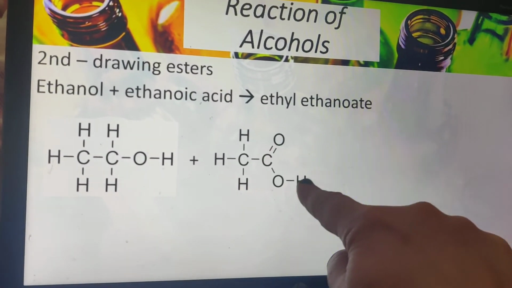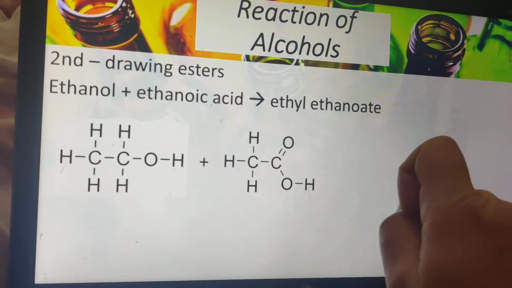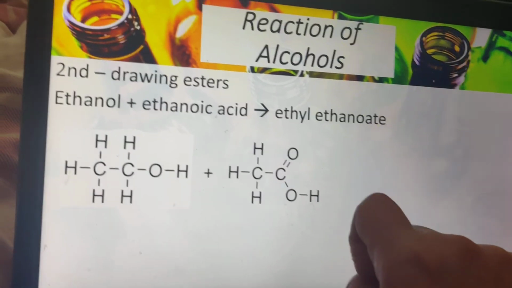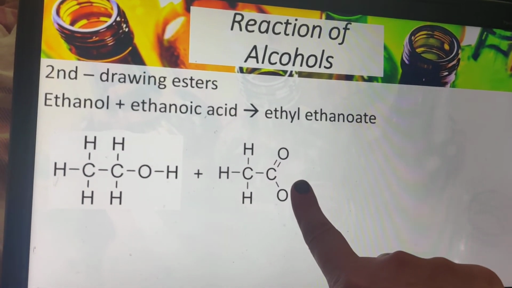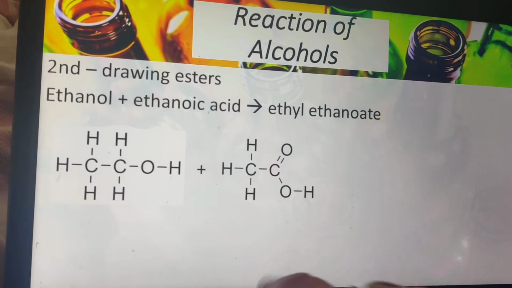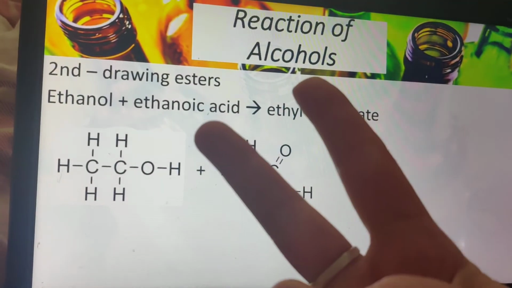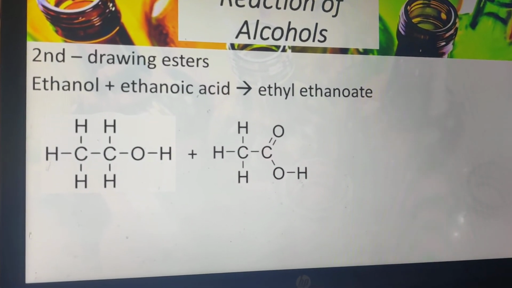The carboxylic acid loses its H. That's all. Just that H. It's an acid. Acids react by losing their H. So then you've got OH and a H, 2 H's and an O, H2O. So that makes water.